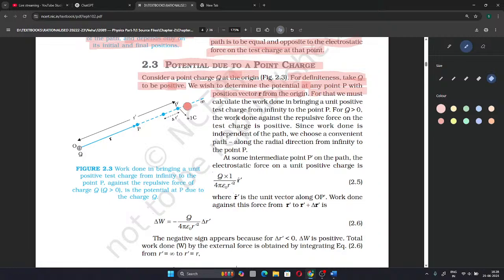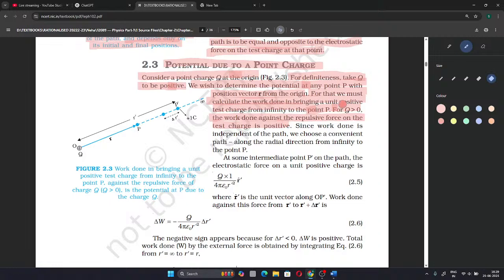For that, we must calculate the work done in bringing a unit positive test charge from infinity to point P, where the main charge Q is greater than 0. The work done against the repulsive force on the test charge is positive.